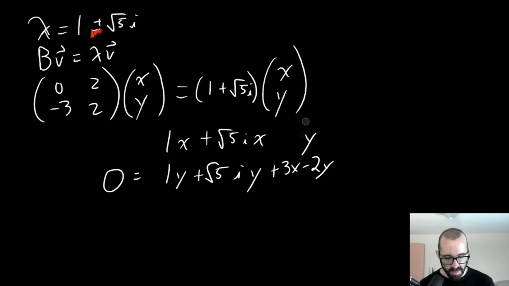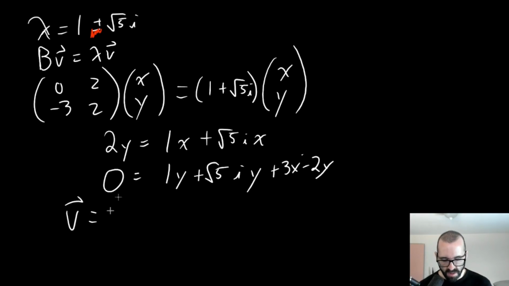Let's add 2y to both sides. This tells us the relationship between x and y. So for example, if x is 1, let's make x 2. If x is equal to 2, what is y? If x is 2, then we could factor out an x.